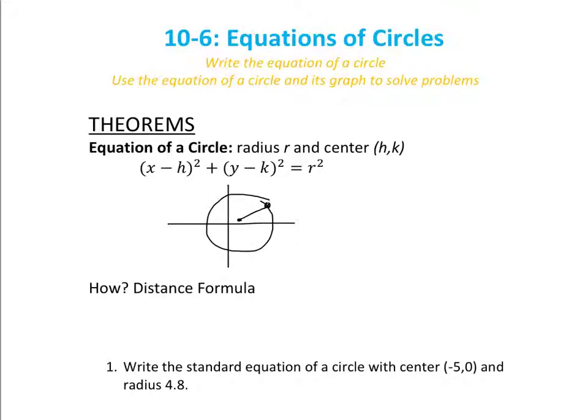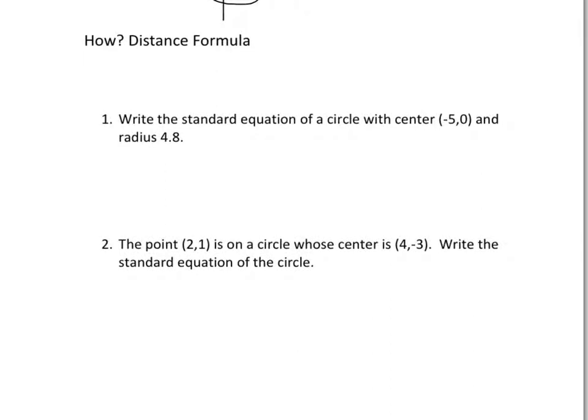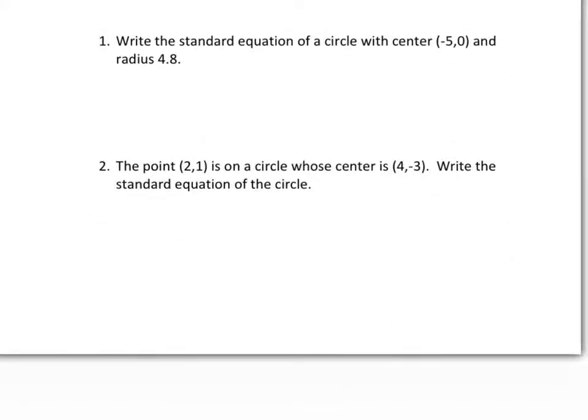All you're really doing is the distance formula, the distance from the center to this point, and that distance is the radius, no matter where you're at all around the circle. So that's where it comes from. If you want to see me derive it, ask in class, but I don't think you really care about it that much. What we're going to have to do is write these equations of circles.